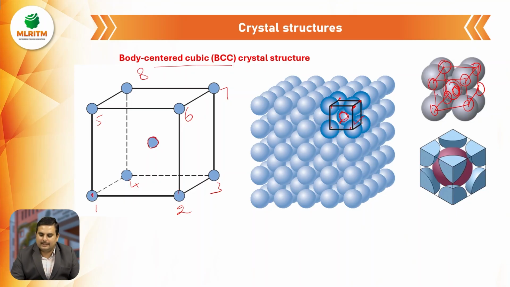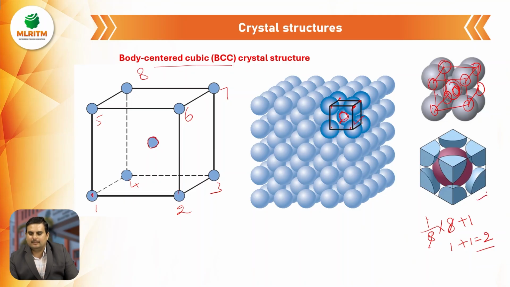We have taken 1/8 of each atom at the 8 corners of the cube, and there is one atom at the middle. So the 8 will get cancelled out, and we have 1 plus 1. The number of atoms occupied in a cube is nothing but 2 atoms. 2 atoms are occupied in a body-centered cubic structure.